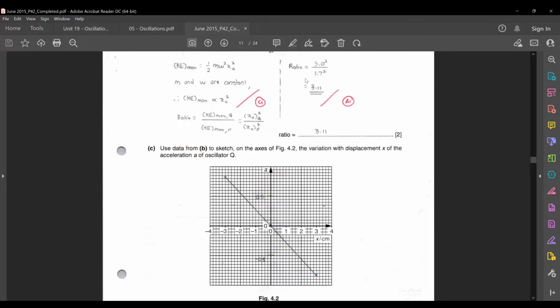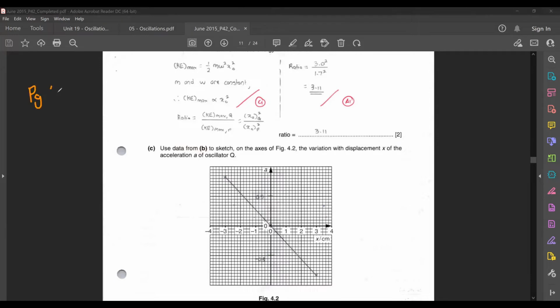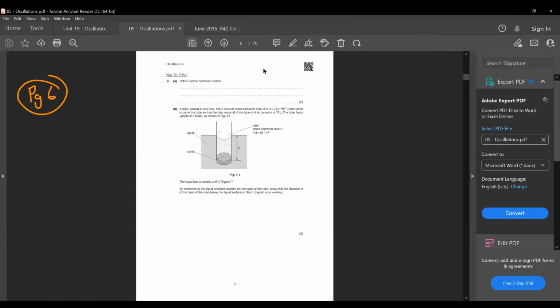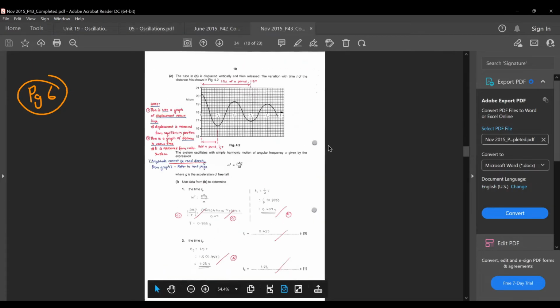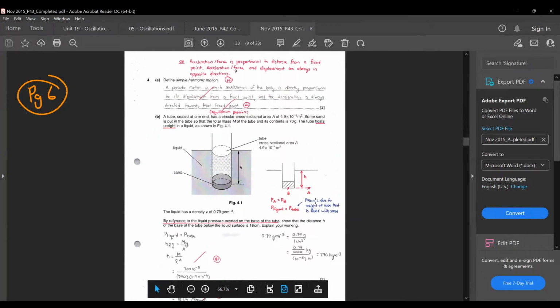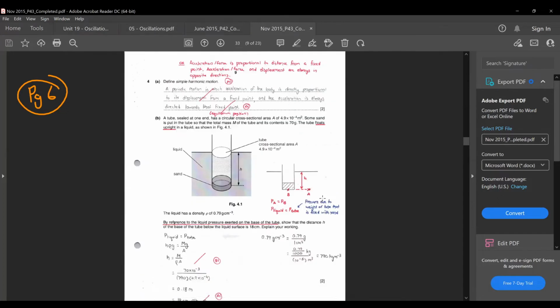Now let's have a look at page 6. This one, November 15 P43. Now you again have that same definition question where you're asked to define simple harmonic motion.